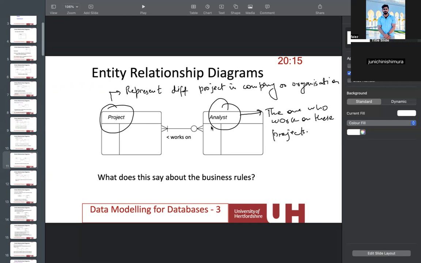The crow's foot notation here shows that an analyst can work on multiple projects at the same time, which means there is no limit to the number of projects an analyst can be assigned to.